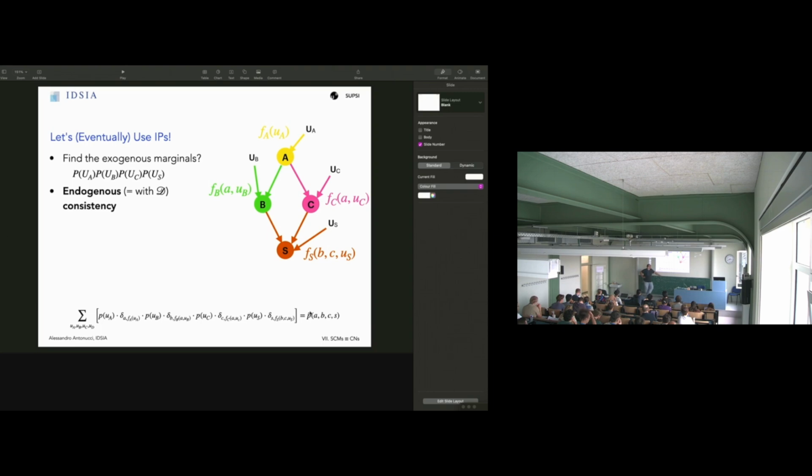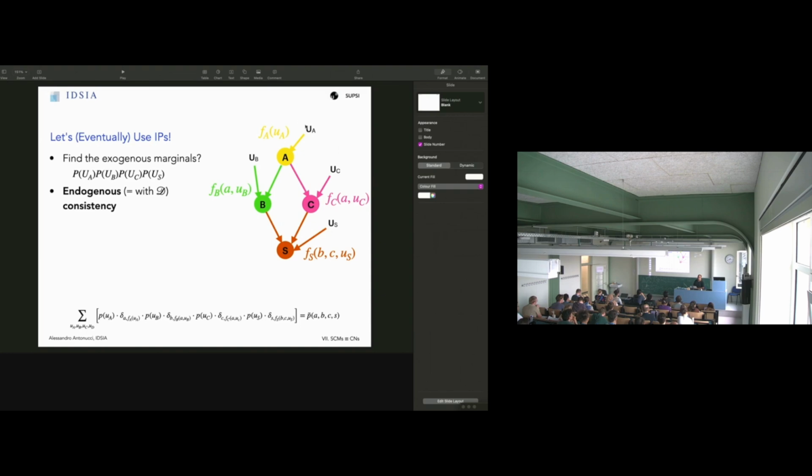I would ideally prefer a constraint which is linear instead of non-linear, and local instead of global. The good news is that with this topology, and this is what I call a Markovian model, a Markovian model is a model without confounders.